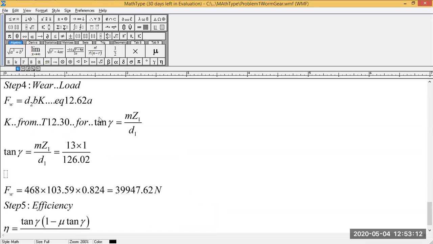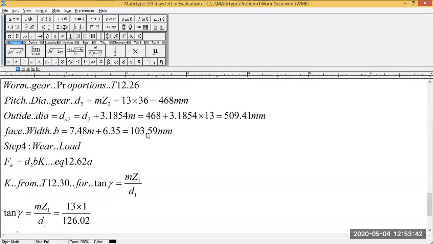So that means the value of gamma is tan inverse of 13 divided by 126.02. How much is D1?